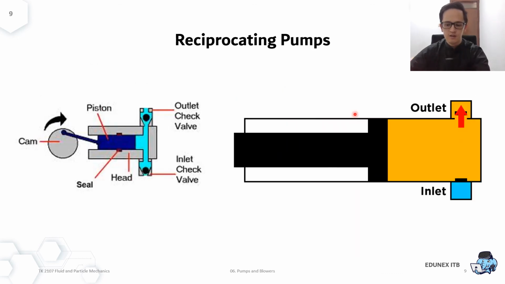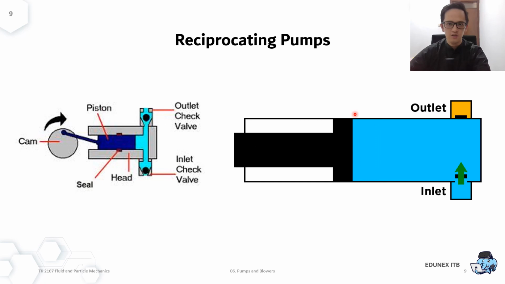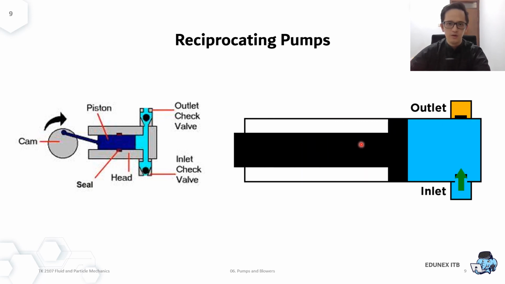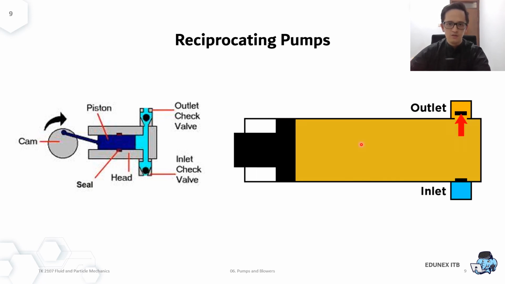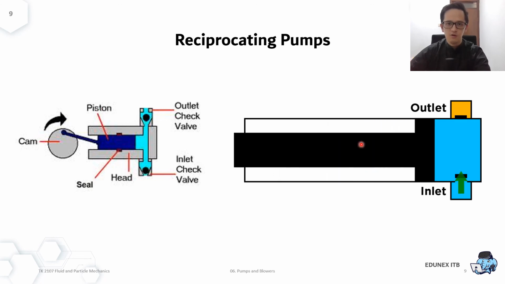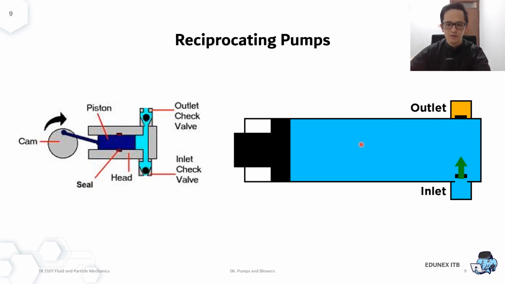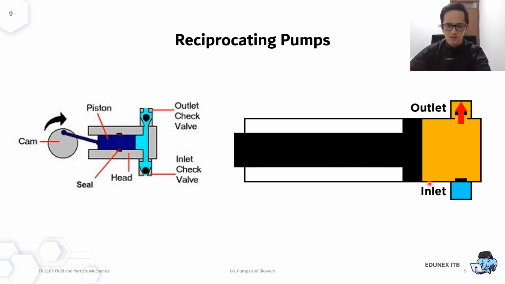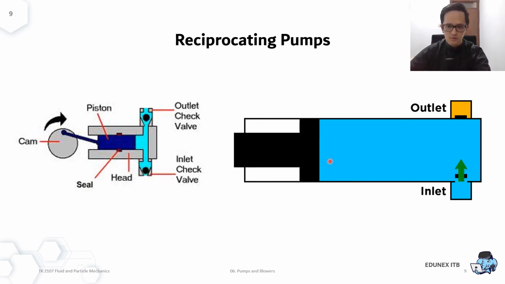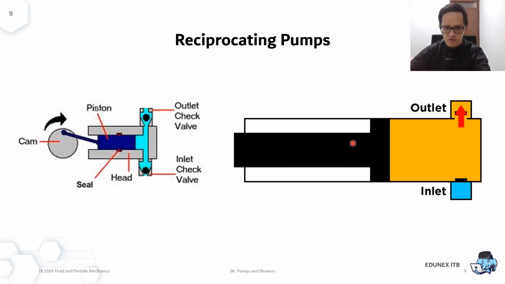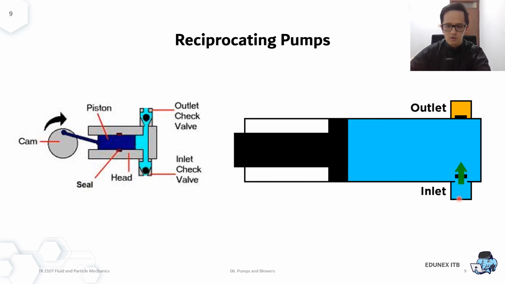So this is the second type of PD pump, which is a reciprocating pump, where a certain volume of liquid is collected in an enclosed volume and is discharged using pressure to the required application. Reciprocating pumps are more suitable for low volumes of flow at high pressure. As you can see, when the piston moves to the left in this example, it will draw the liquid into the chamber.